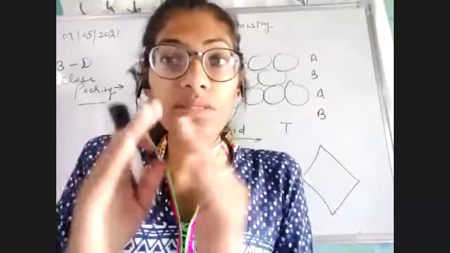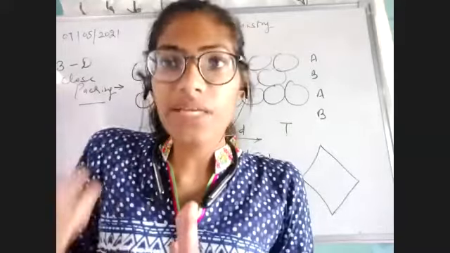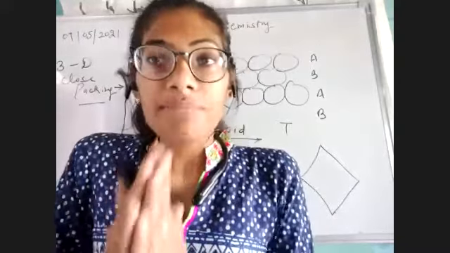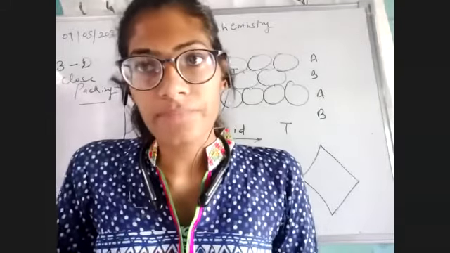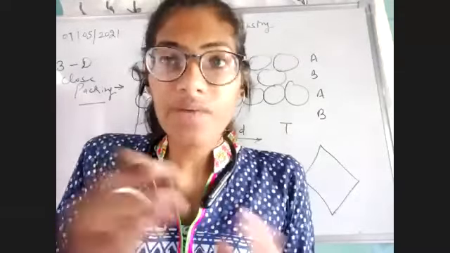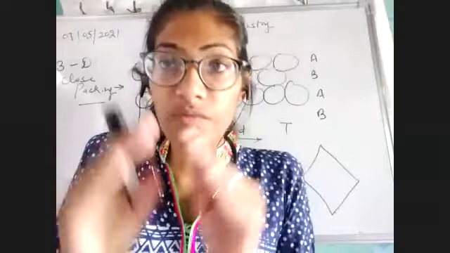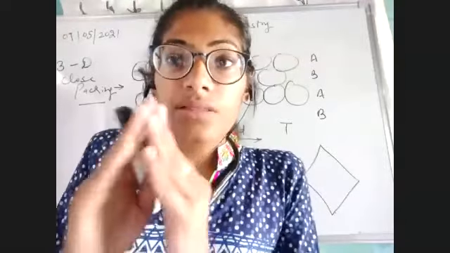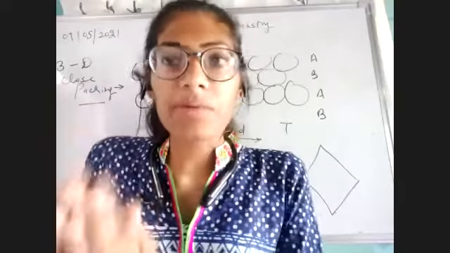But on the basis of the number of these voids, we have some numericals which are very important for your board exams. On the basis of the number of tetrahedral voids, we have a simple mathematical formula with which we can derive the formula of the particular molecule. I'm repeating it again.